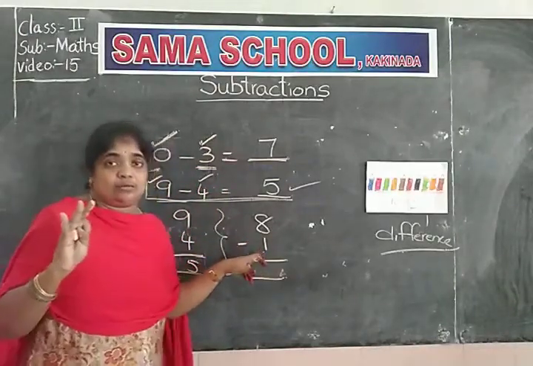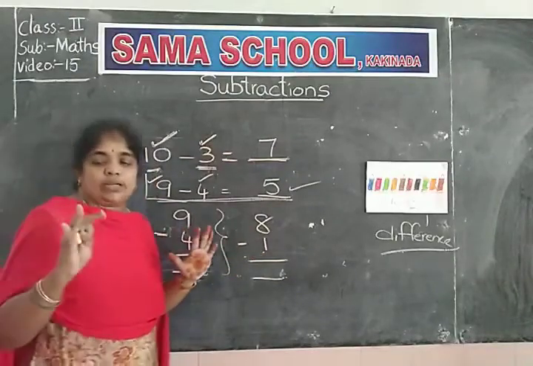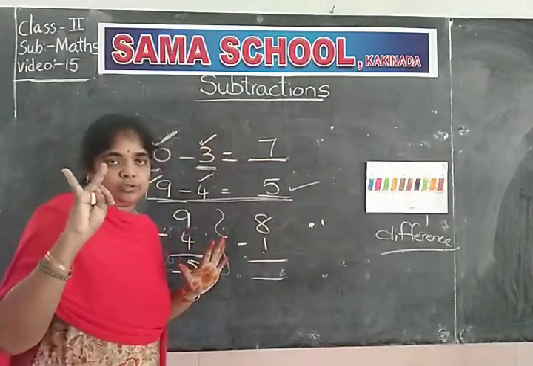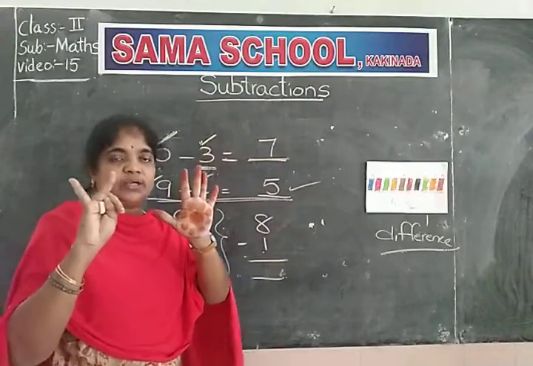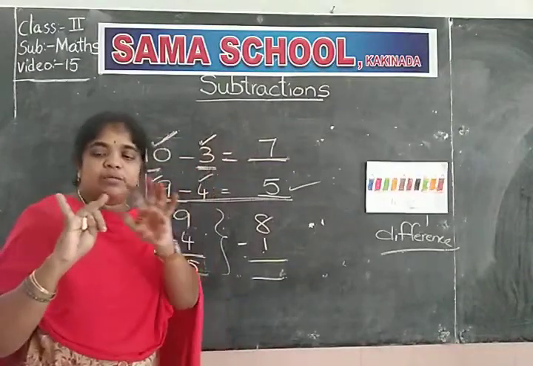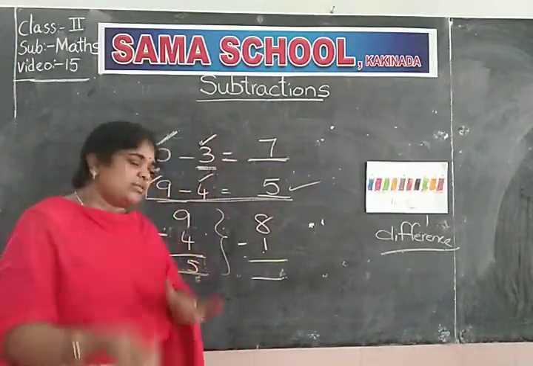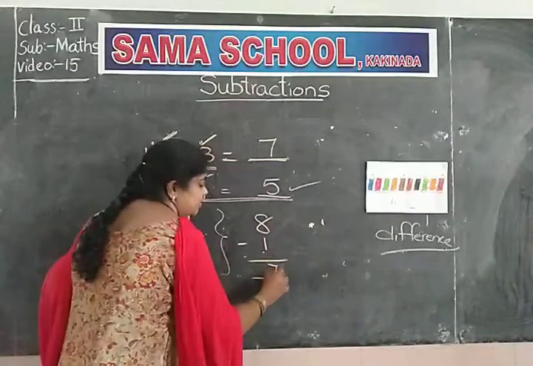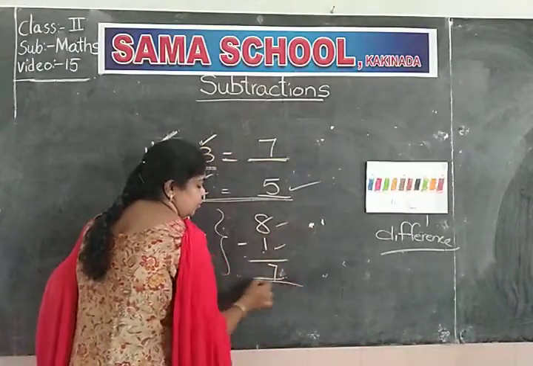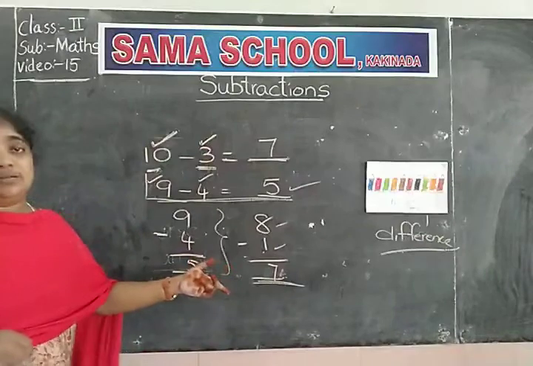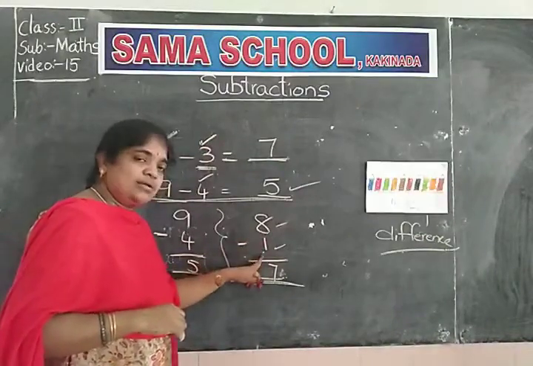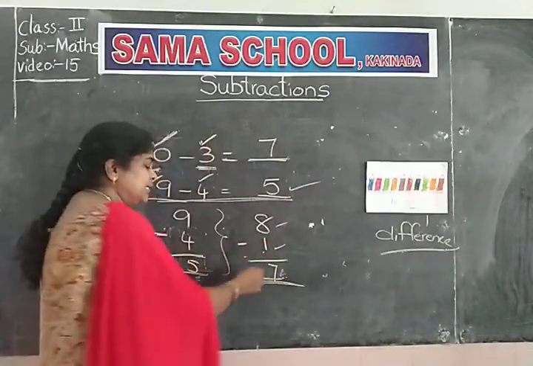Only 1. One finger I close. Remaining fingers we have to count: 5, 6 and 7. If you subtract 1 from 8, you get 7.